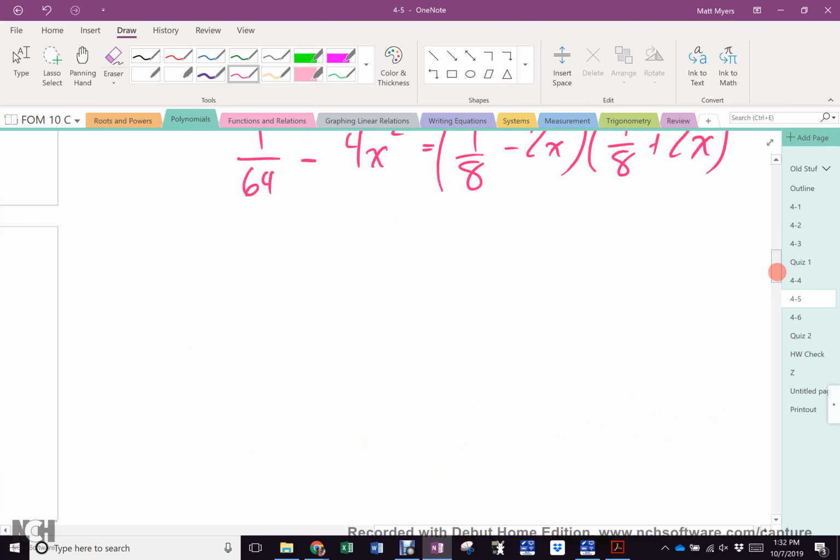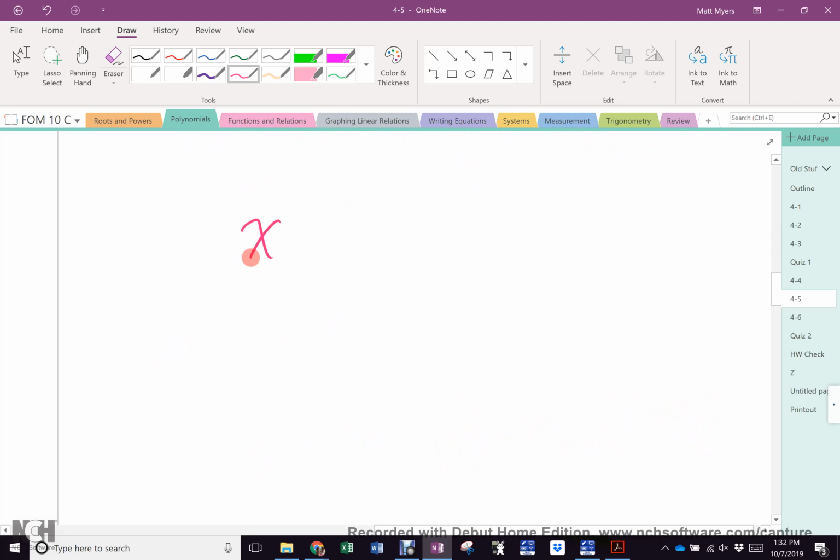Now the next thing that's going to mess you up is this. What is the square root of x to the 4th? X squared. What is the square root of x to the 6th? X cubed.